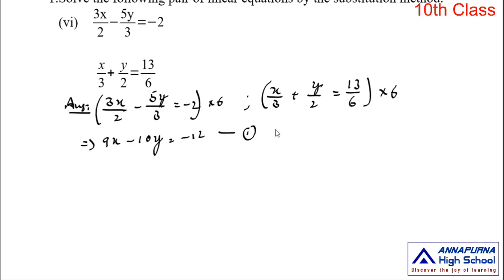This is the first equation. When you multiply the second equation by 6, x by 3 into 6: 3, 6, 2 times, so 2x, plus y by 2 into 6: 2, 6, 3 times, so 3y, is equal to 13 by 6 into 6, the 6s cancel, it is equal to 13. This is the second equation.